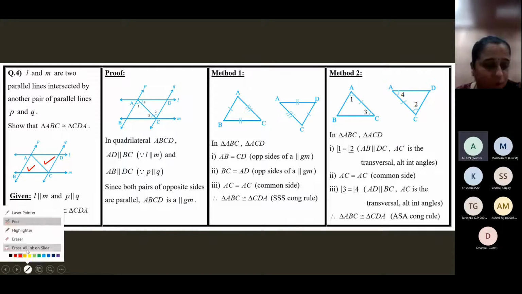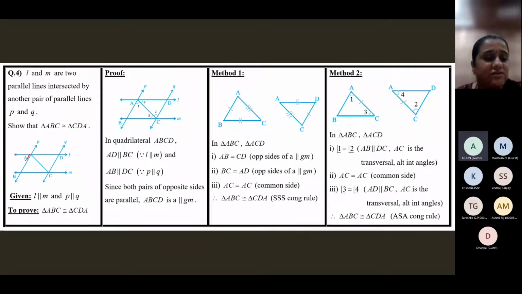Now, to prove this, we'll first show that this quadrilateral ABCD is a parallelogram. Now, in quadrilateral ABCD, I'm not saying in parallelogram ABCD, I'm saying in quadrilateral ABCD, AD is parallel to BC.